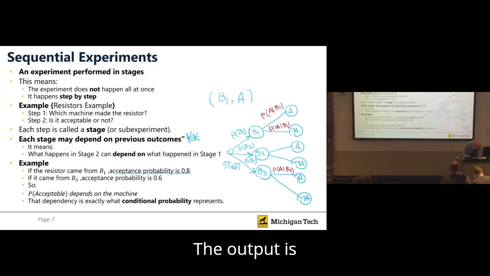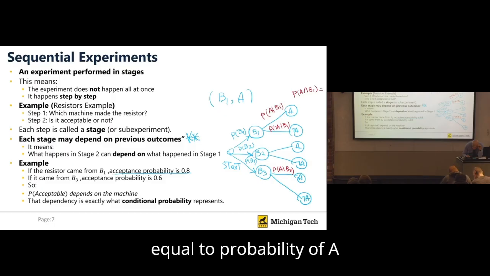And the output is actually the probability of A and B1, which is equal to the probability of A given B1 multiplied by the probability of B1.